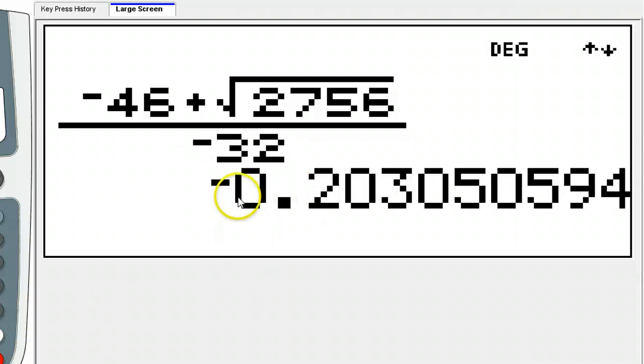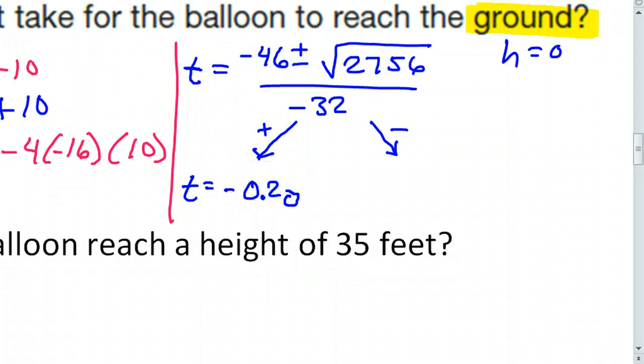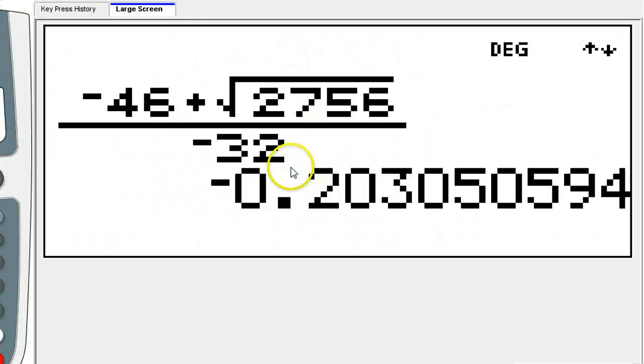Okay, that gives us negative 0.20. Whoa, it moved. Okay, it looks a little crazy. Alright, so that's one value of time. We'll talk more about that in a second. So we did the positive version. Now let's do the negative version.